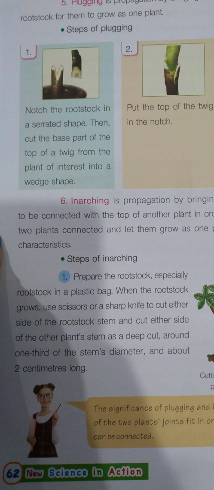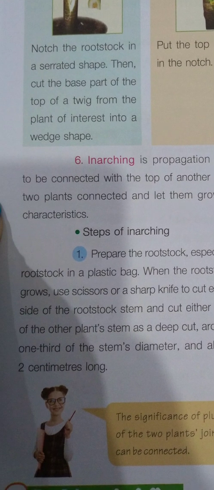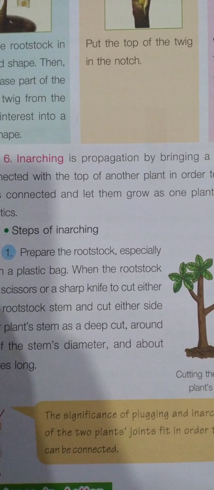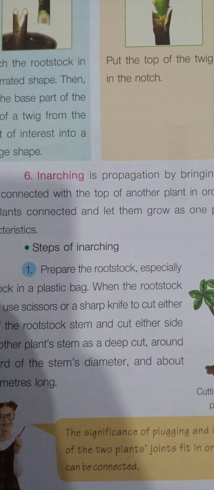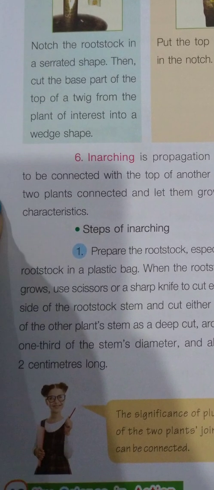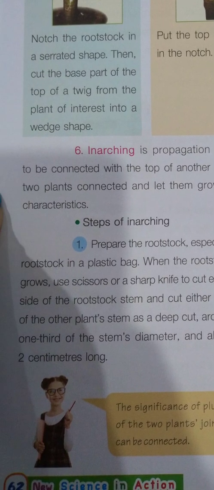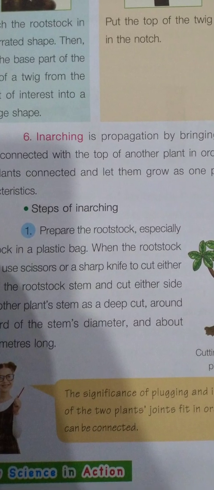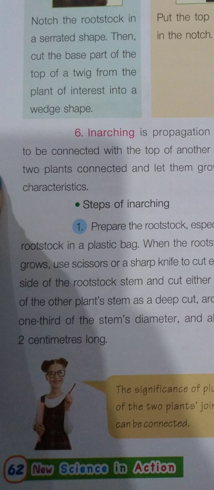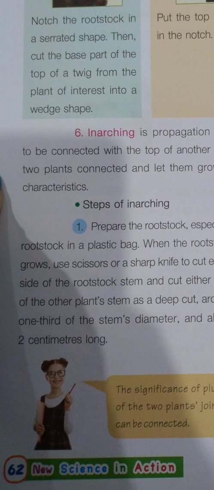Step 1, prepare the rootstock in a plastic bag. When the rootstock grows, use scissors or a sharp knife to cut either side of the rootstock stem, and cut either side of the other plant's stem as a deep cut, around 1/3 of the stem's diameter and about 2 centimeters long.